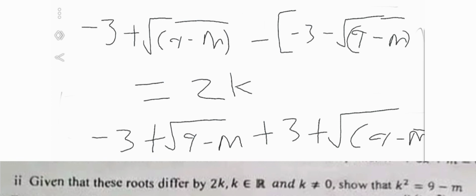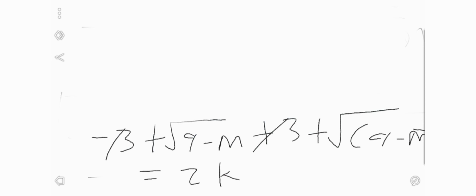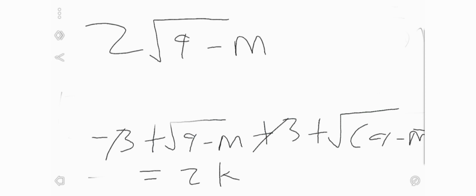Now we are having minus 3 plus 3, they will cancel each other, and plus root 9 minus m plus root 9 minus m becomes what? Guess. Equals to 2 root of 9 minus m, which is equals to what?